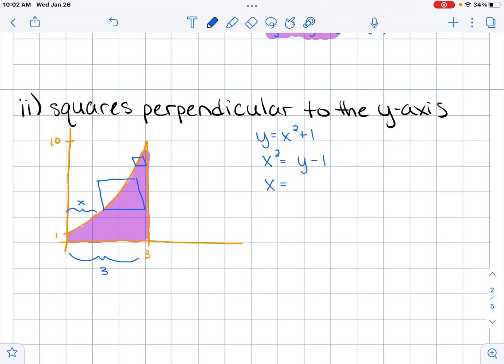So x equals, really it's plus or minus the square root of y minus 1. But since we're only looking at one side of this, we're only going to use the positive square root of y minus 1. Okay, so to find the length of one side of the square, it's going to be 3 minus that x value. So 3 minus the square root of y minus 1.